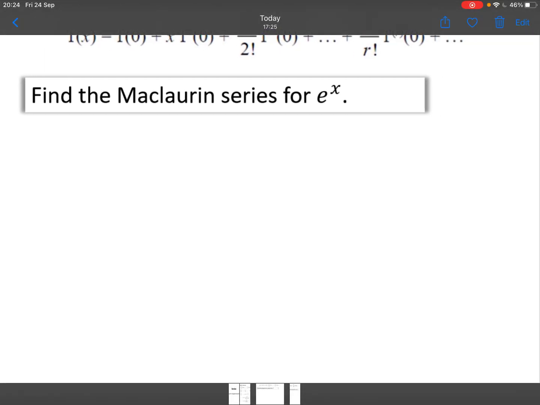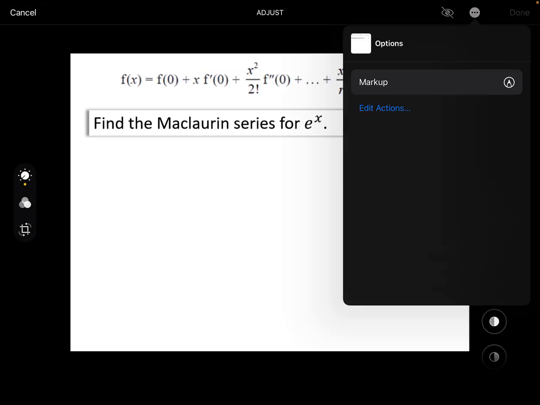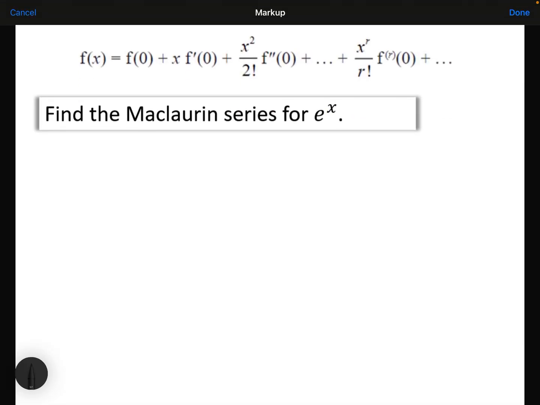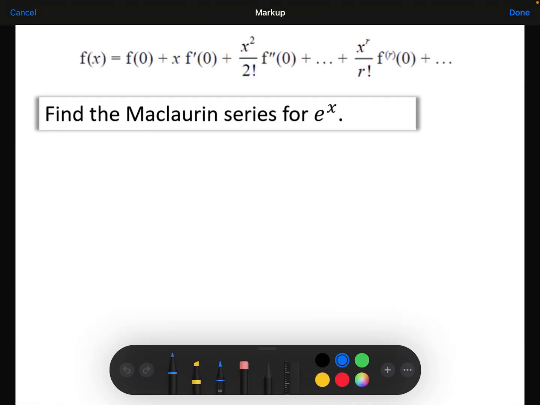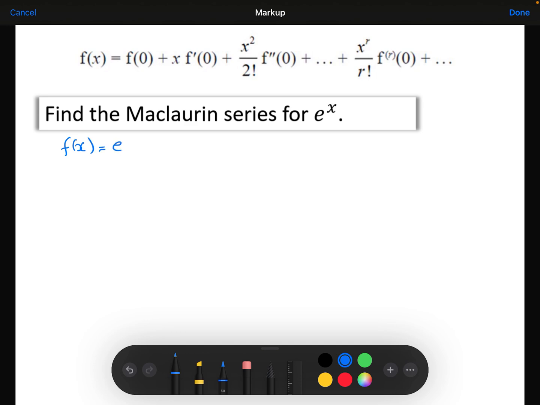Okay, so first of all, let's do the e to the x function. Let's find a series expansion for e to the x. If our function is e to the x, then f(0) is e to the power 0, which is 1. When we differentiate the function, we get e to the x.